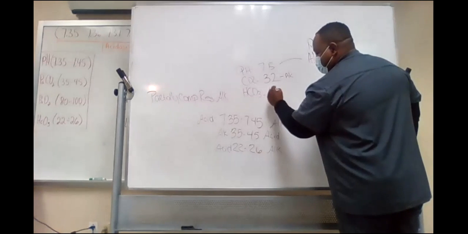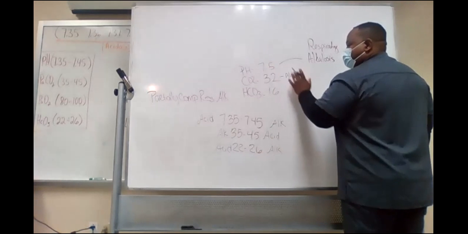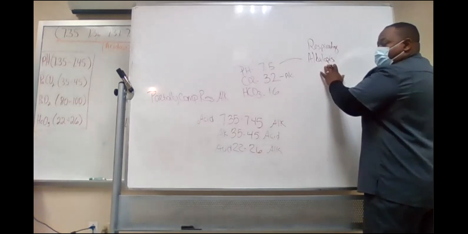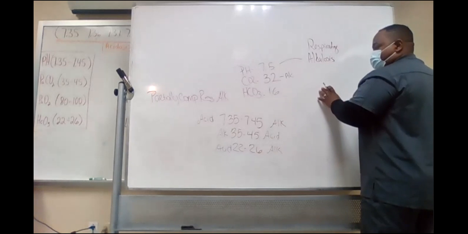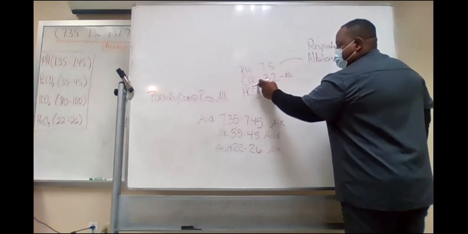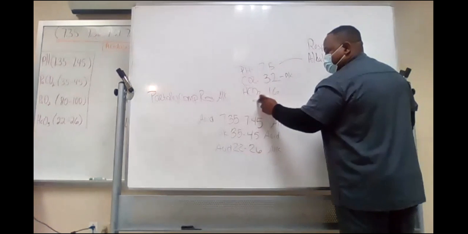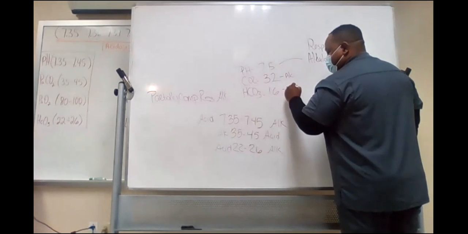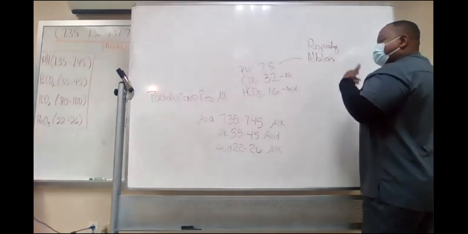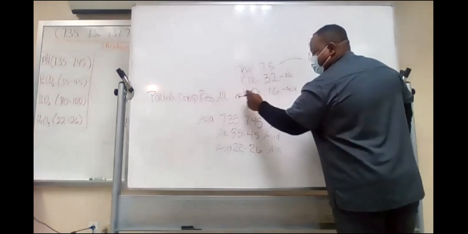So it has to be like 16. Okay? So look at this. pH is 7.5. That is alkalosis. We are in an alkalosis. Now, who's causing the problem? That will be your second player. CO2 is 32. It's alkaline. Bicarb is 16. That's what? Acid. Okay, so CO2 is causing the problem. So it's a respiratory alkalosis. Now, the third player in this case is the bicarb.